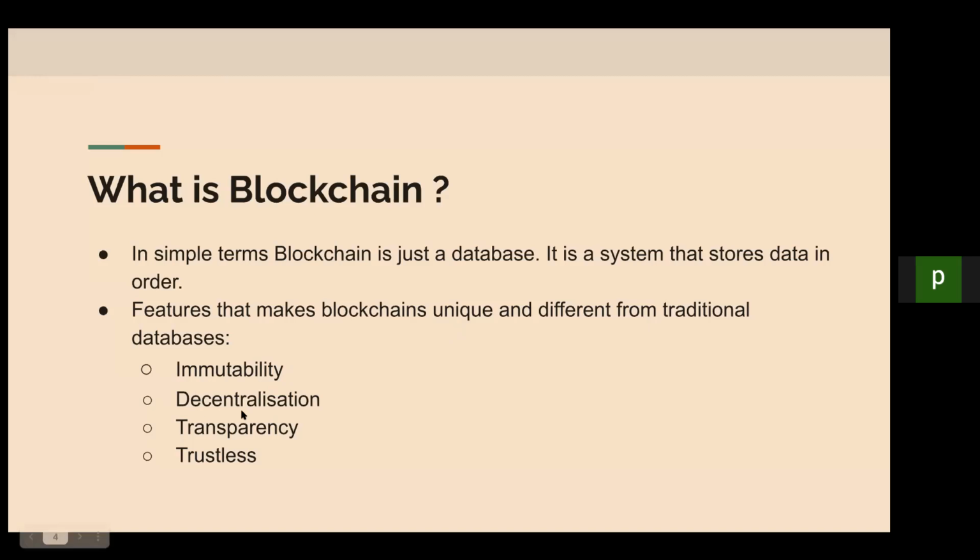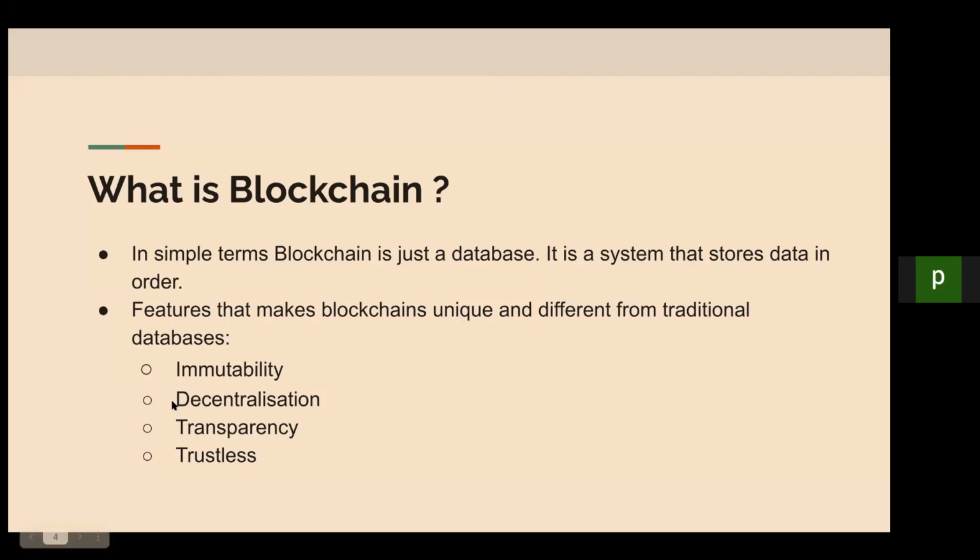The second point is decentralization. If you are aware of traditional databases, for example MySQL or Mongo, these databases are actually offered by a specific service. If you want MySQL, you need to host it on AWS, Amazon Web Services, or something similar. So there will be some intermediary party maintaining and hosting your database for you.